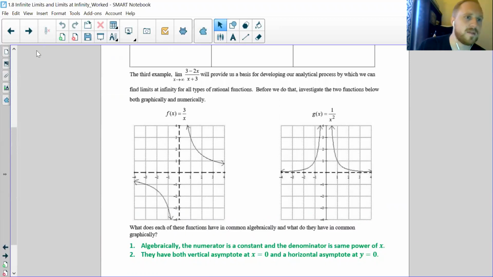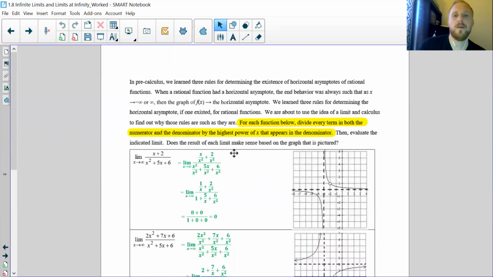Now, in pre-calculus, we learned 3 rules that determine the existence of horizontal asymptotes of rational functions. Those 3 were whether the horizontal asymptote is y equals 0, the horizontal asymptote is where the numerator and the denominator are the same power, giving us the leading coefficient, or we have a slant asymptote.